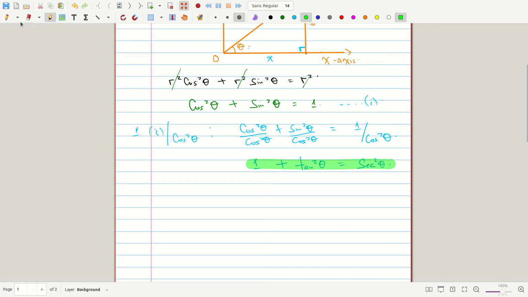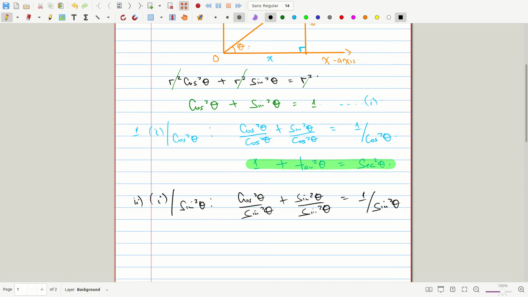So another one we can say is if we divide equation 1 by sine squared theta, then we have cos squared theta over sine squared theta plus sine squared theta divided by sine squared theta equals 1 divided by sine squared theta.